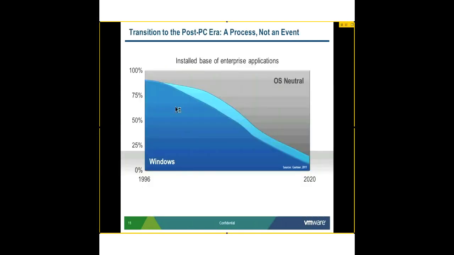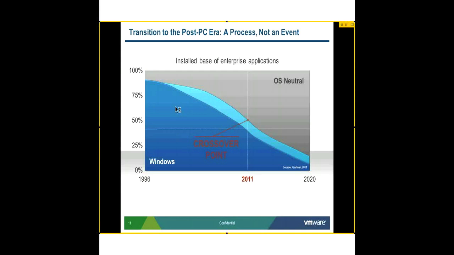Okay? Here's another way to look at it. If you look at enterprise, whether this is commercial, public, whatever, applications, going back to the mid-90s, almost all of them were running on top of Windows. Gartner predicts that by 2020, less than 10% of enterprise applications will be running on Windows.